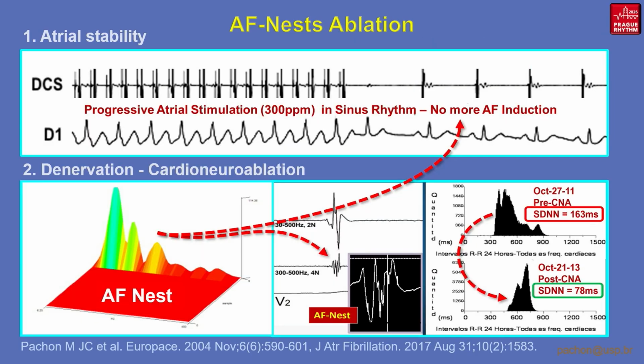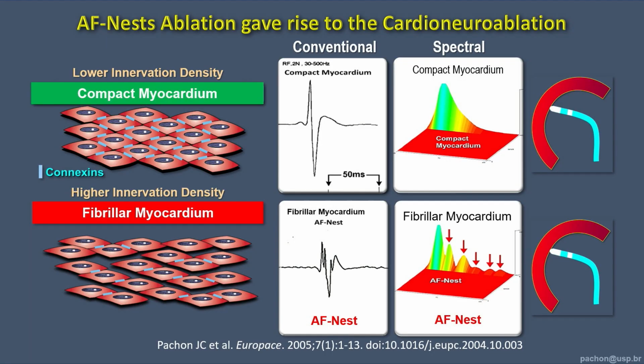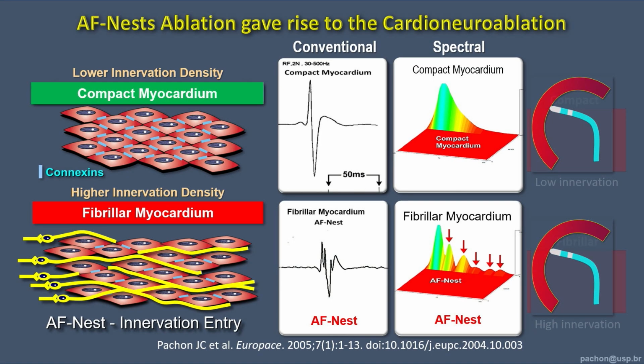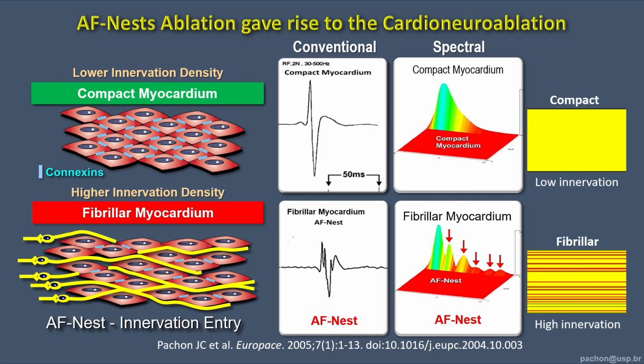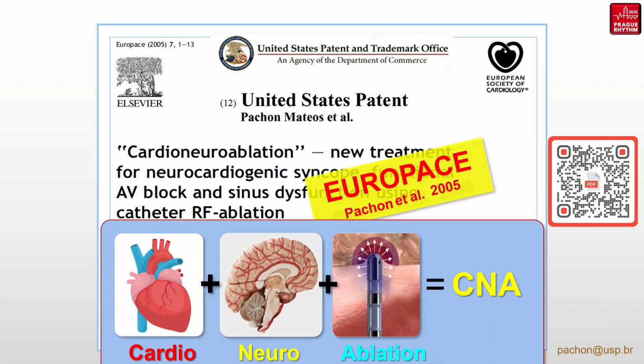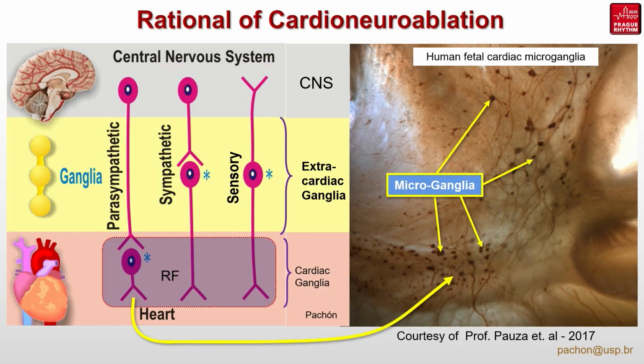So by eliminating the atrial fibrillation nest, it's possible to eliminate the atrial fibrillation and also the vagal innervation. At that time, we found that the atrial fibrillation nests are very near to the vagal innervation, and eliminating the AF nest caused a very significant vagal denervation that gives origin to cardioneuroablation.